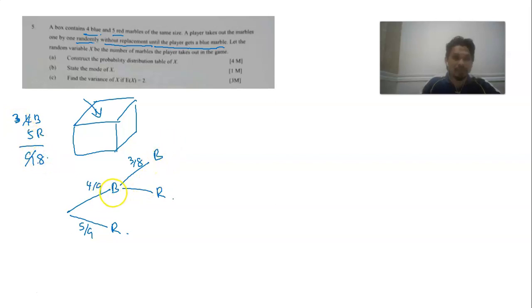Then if the first ball is blue, the second being red is 5 over 8.